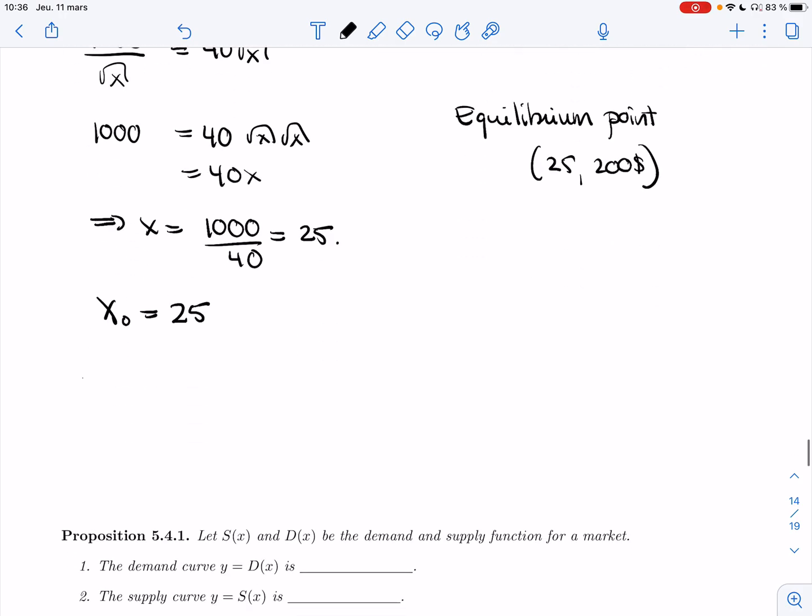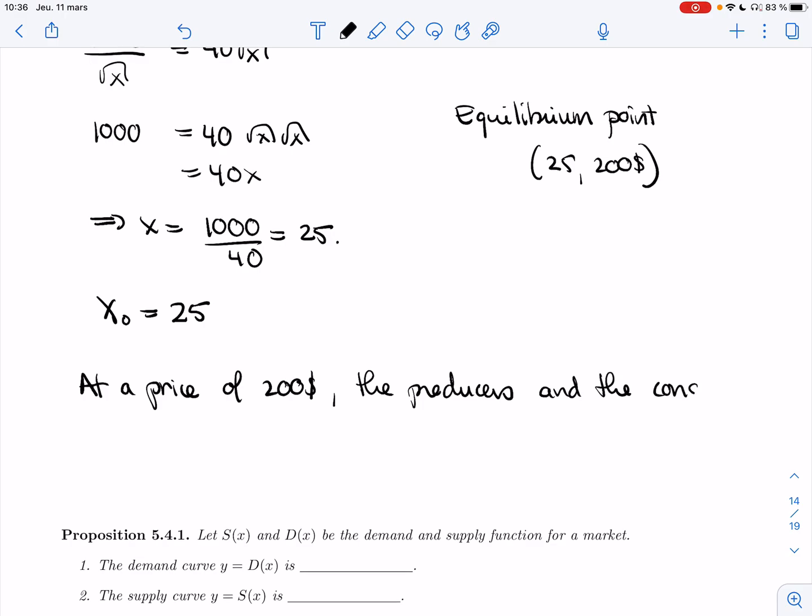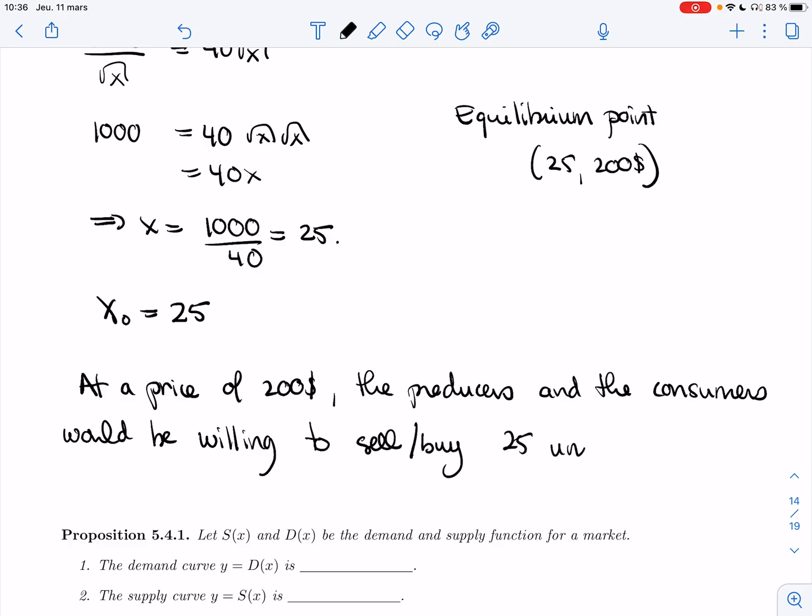And that means that at a price of $200, the producers and the consumers would be willing to, actually let's put producers first, sell, buy 25 units, 25 phones.